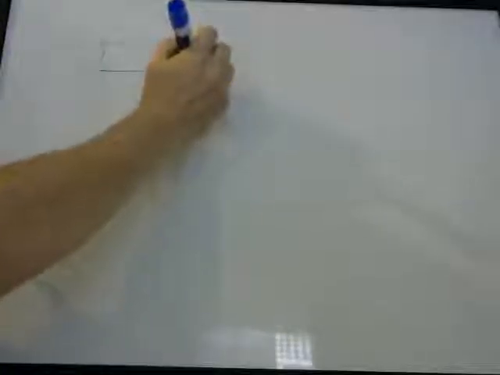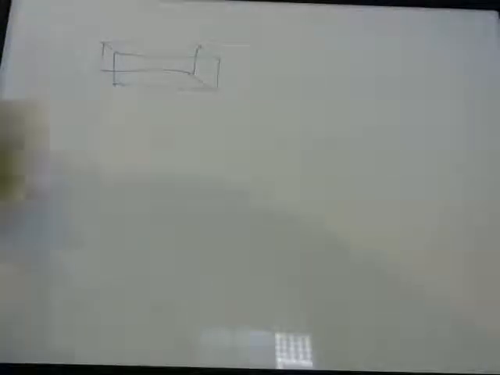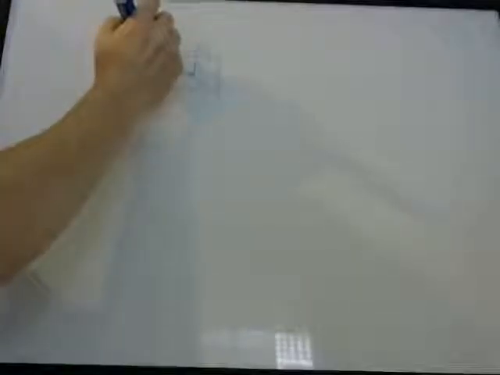So I'm going to try and draw this. Let's try and draw it like this. And then we have a cylinder on the top. Okay, so that's not drawn real well, but you get what I mean.